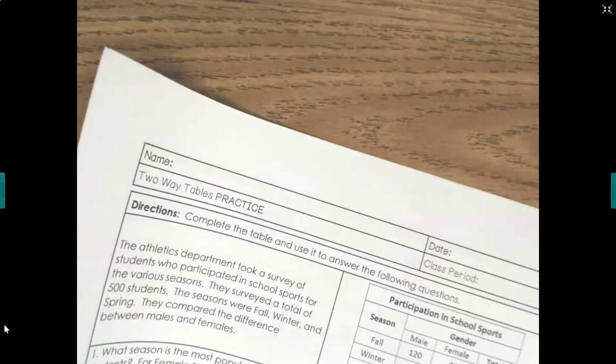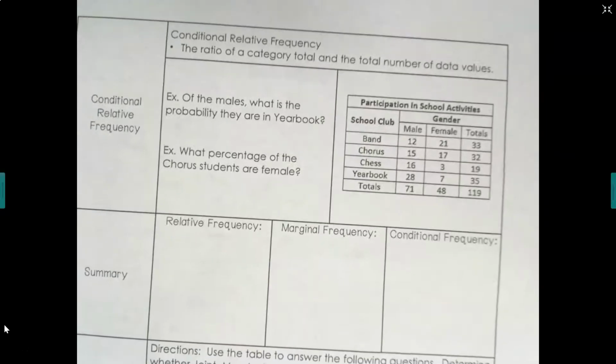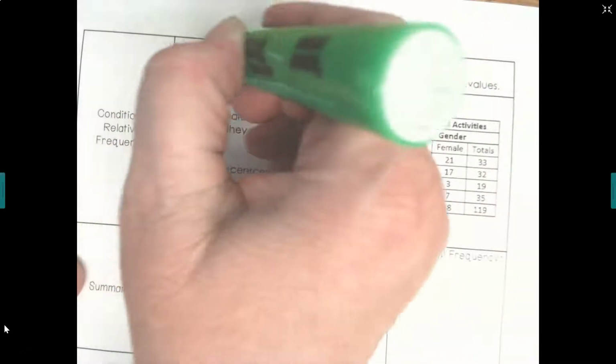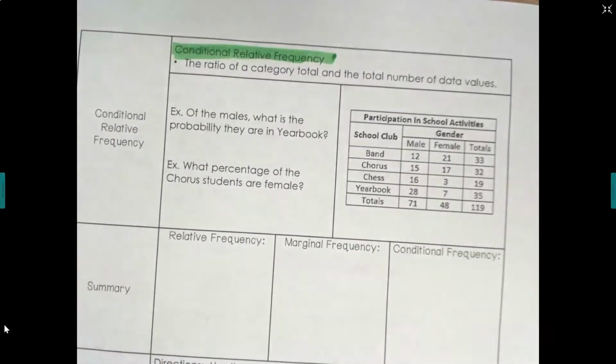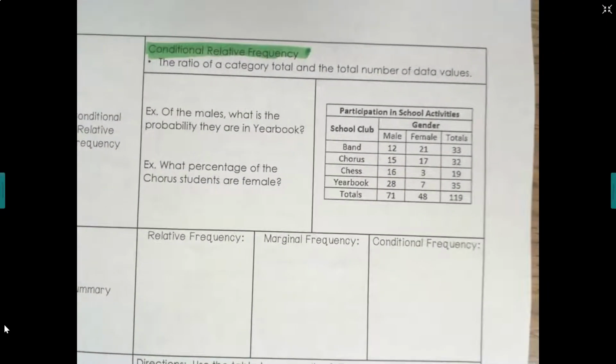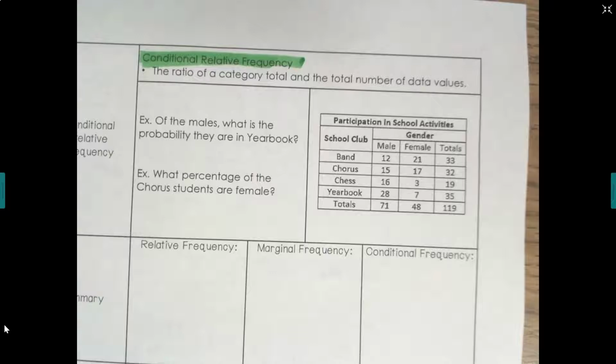Okay, so we're going to do a conditional relative frequency. And so what a condition is, it's only talking about a particular group at one time, and it's not talking about everybody. Okay, it's only talking about a group. So we want to know the ratio of a category total and the total number of data values.